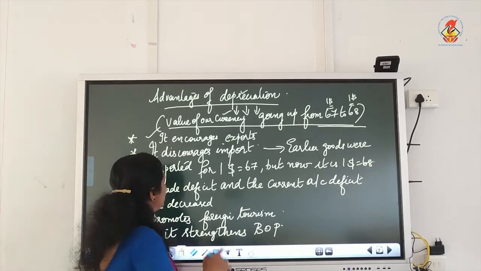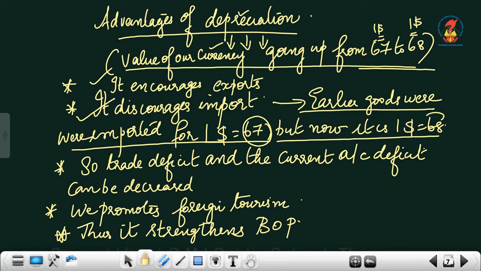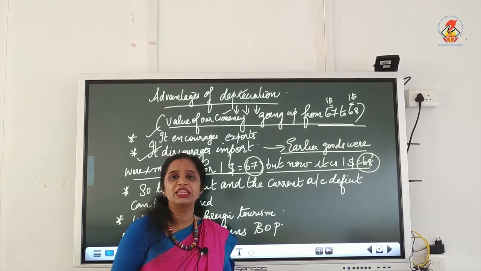But definitely we will discourage the import. Why? Because earlier goods were imported to India at $1 equal to 67 rupees, but now it is $1 equal to 68. Therefore, import is not at all profitable for us. We have to pay more for them.